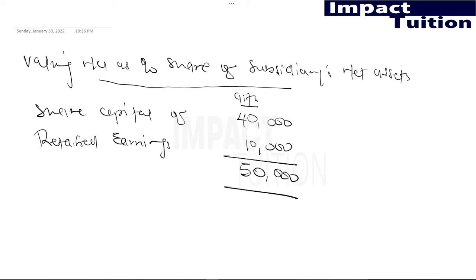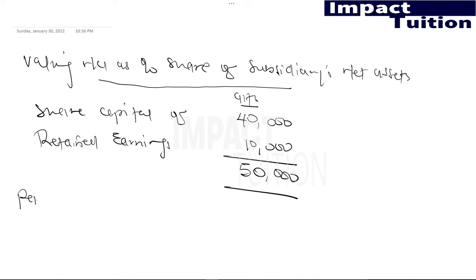We are also told that the NCI is measured as a proportionate share of the subsidiary's net assets. So how would we calculate the NCI to include in our statement of financial position? Let's assume that the parent acquired 60% of the subsidiary's net assets.